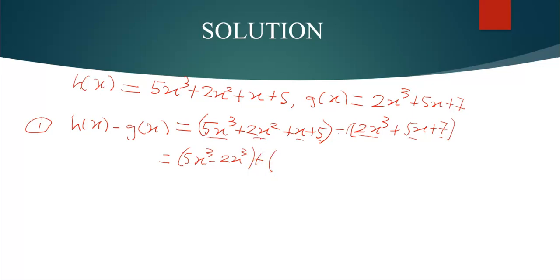Plus 2x squared has no like term, so you make it minus 0x squared. x has a like term of 5x. 5 minus 7.